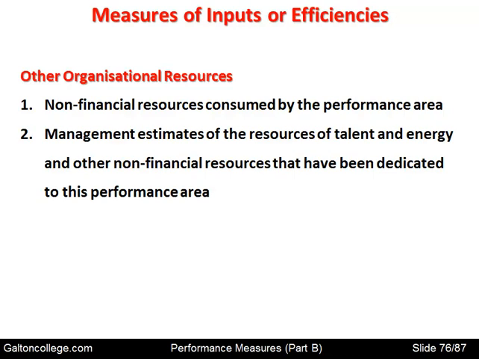Management estimates of resources of talent and energy and other non-financial resources that have been dedicated to the performance area. Workers, when they're trained, do acquire different skills, and sometimes the workers will want to work hard. They're motivated to work hard. It's not financial.